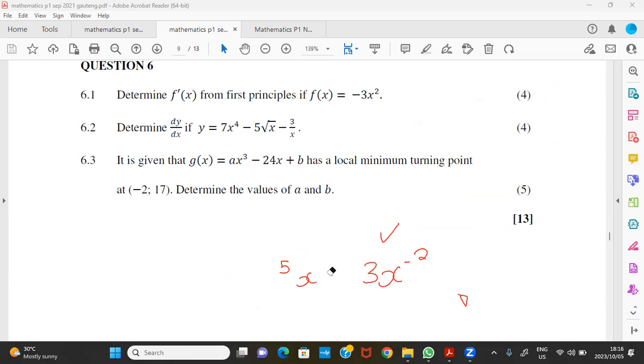So 6.3 is a different kind of question. That's why I picked this paper, because I want us to look at 6.3 now. As you can see, the mark allocation is 5 marks, so we are going to need to do some workings.